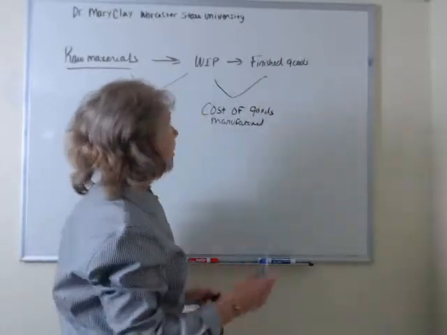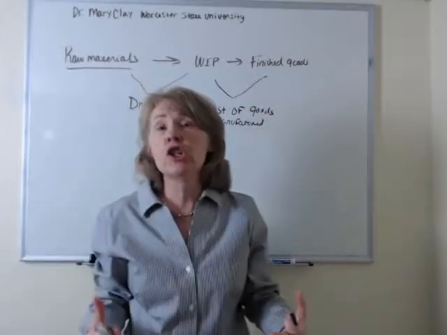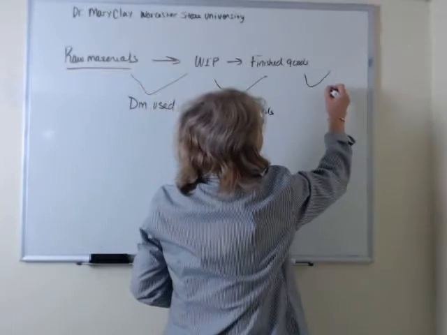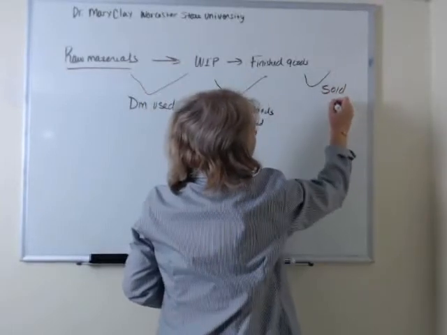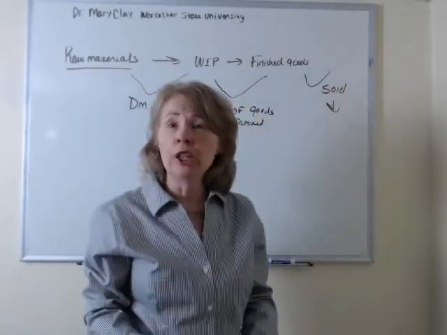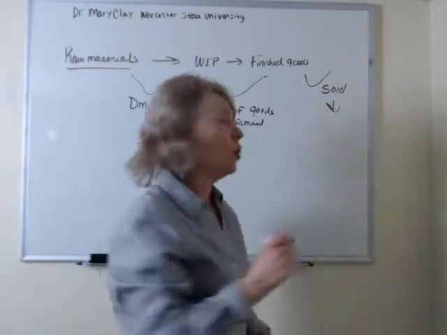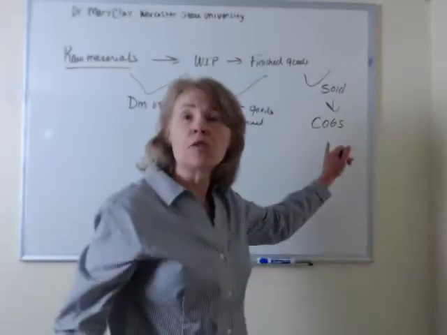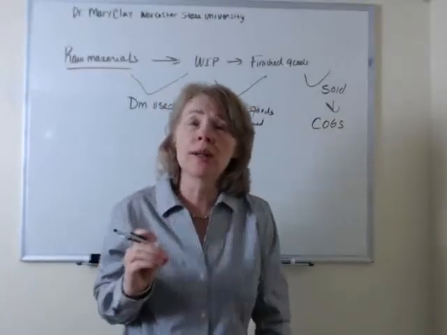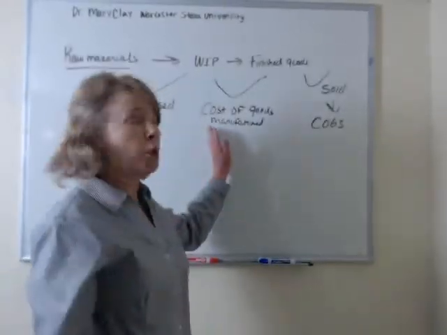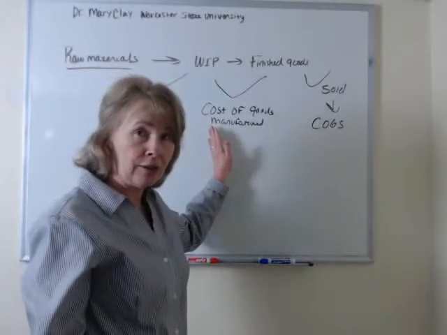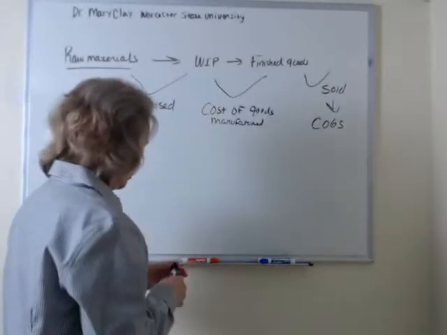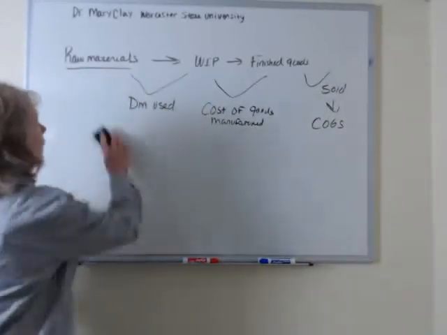Then they sit in finished goods until they're sold. When they're sold, at that time you will figure out cost of goods sold. I'm going to label it COGS, but that stands for cost of goods sold. So make sure you understand there's a difference between cost of goods manufactured and cost of goods sold. Now let's go through how to complete this problem.